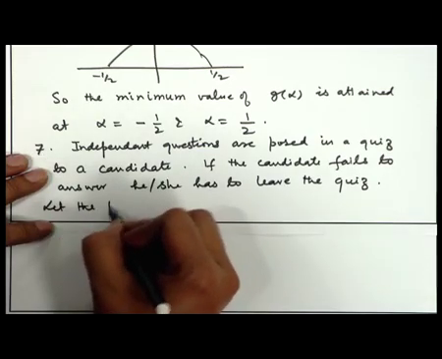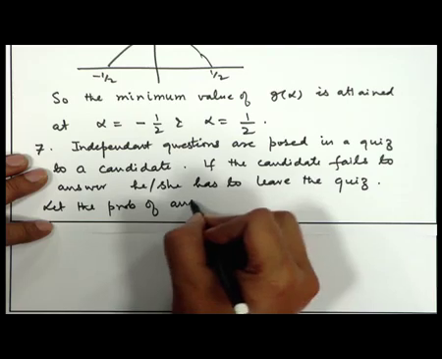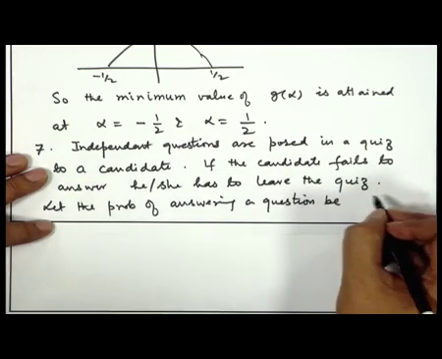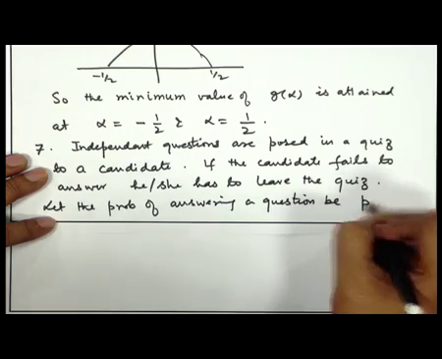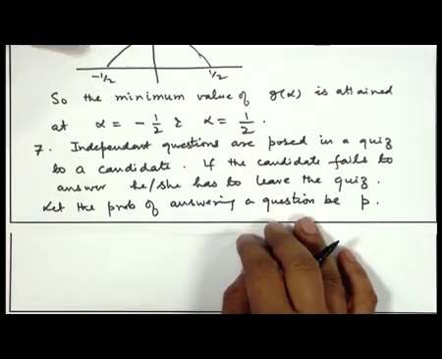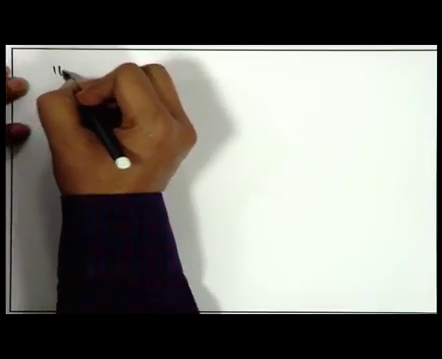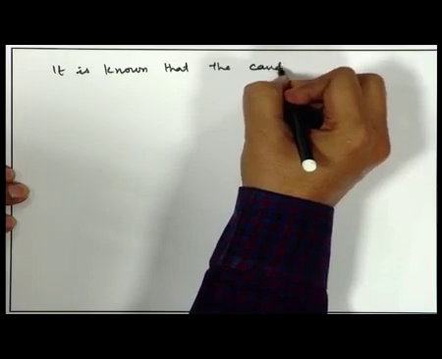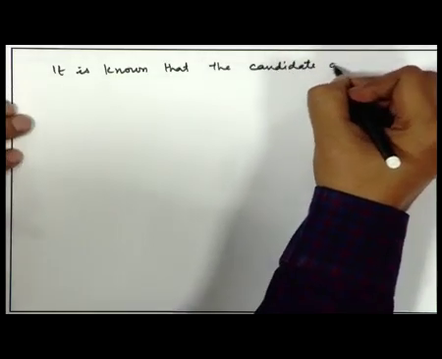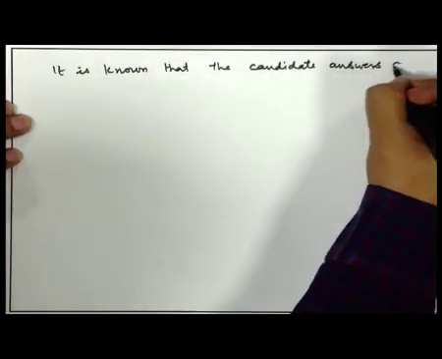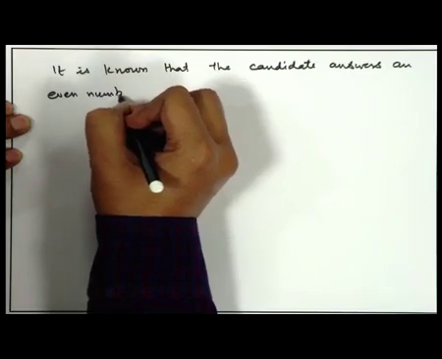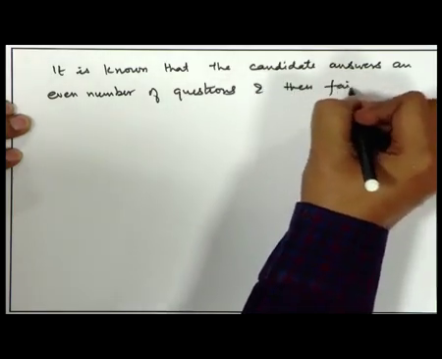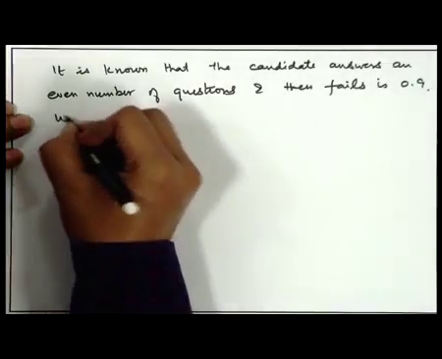Let the probability of answering a question be, say, P. It is known that the probability that the candidate answers an even number of questions and then fails is 0.9. What is P?